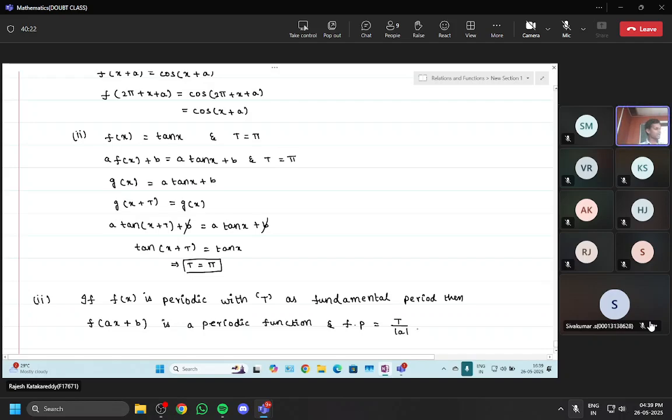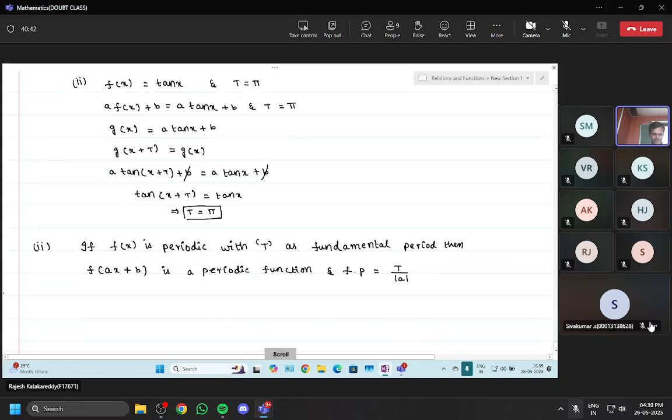When we are multiplying something to the variable x, in the fundamental period you should divide by that one. The multiplying factor can be negative, and since the fundamental period is a positive thing, we make sure it is T by modulus of a. Clear? Understood? Now, let us take some examples on this: a function f of x equals 2x minus greatest integer of 2x. What is this function? This is the fractional part of 2x.